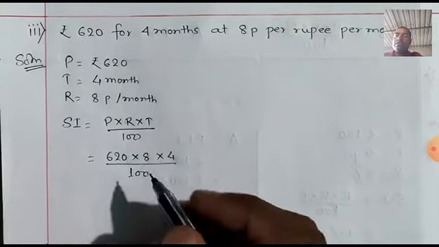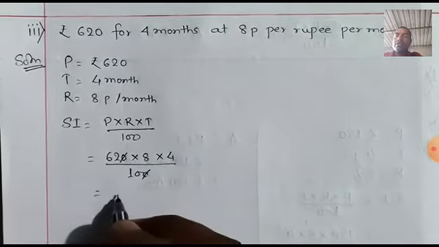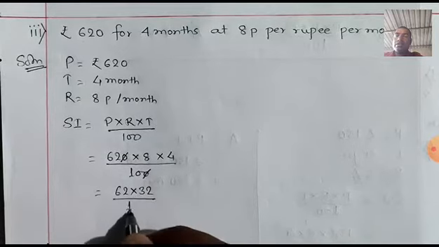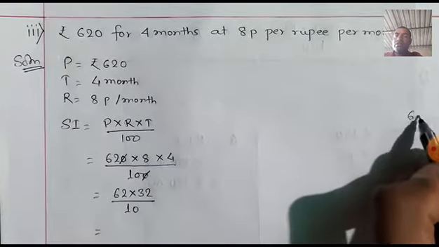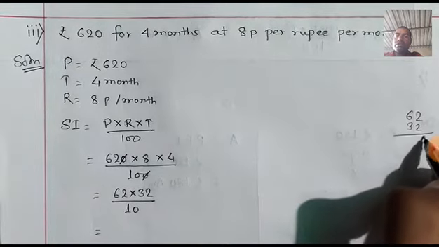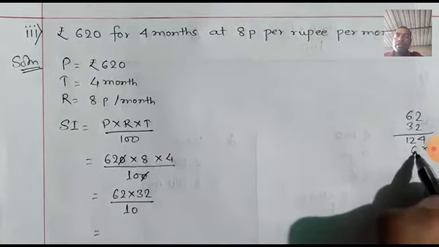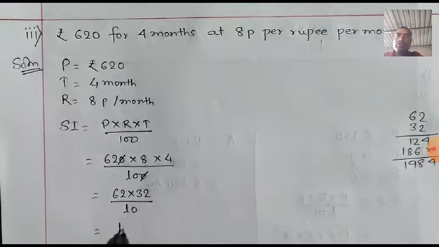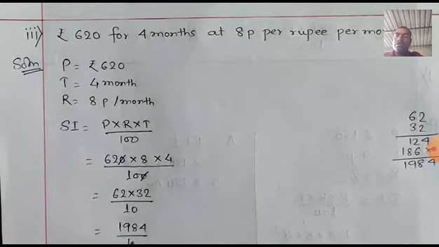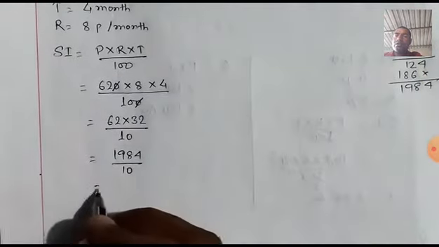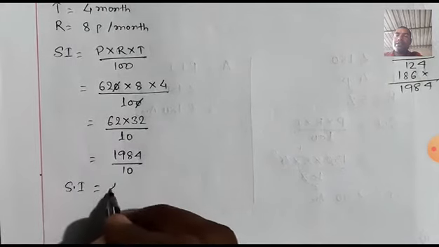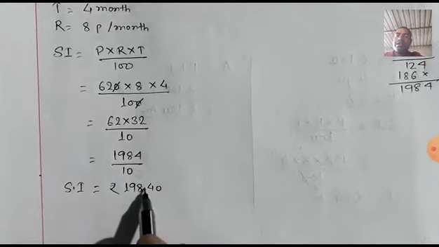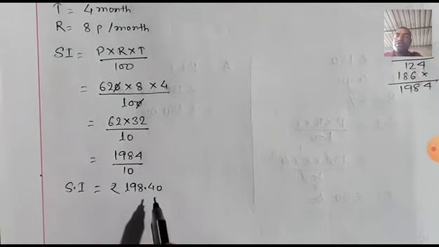Then you can calculate, the 0 gets cancelled. 62 into 8 into 4 is 32, upon 10. 62 into 32, you can do the calculation. I am calculating. 1984 divided by 10. You can shift the decimal by one place because the denominator is 10, which will be 198.40.